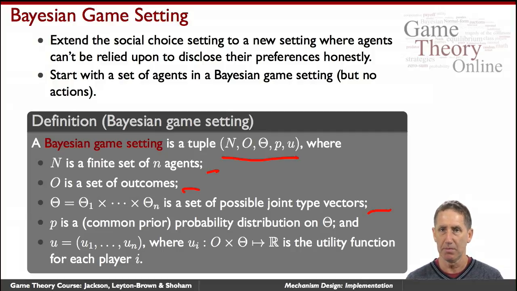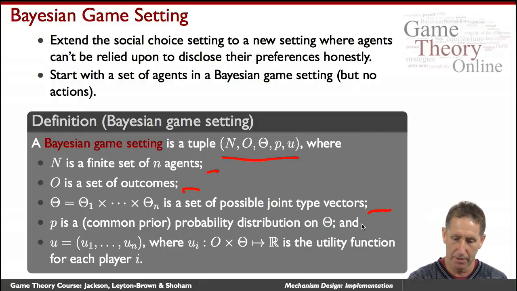Again, we don't yet have a game here, but the notion of type is well defined. And type is all that private information of agents. So intuitively think about it as, in a voting situation, what is my preference ordering among the candidates? What do I know about the preference ordering of other agents? What do I know about what they know about my preference ordering? And all that private information is my type.